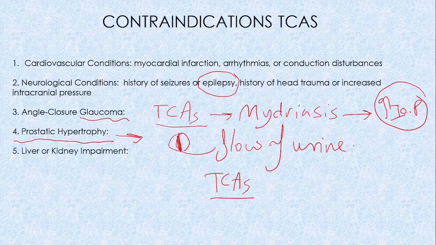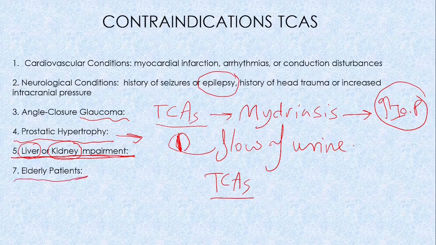Of course, they are contraindicated in liver or kidney diseases. If the patient is suffering from liver or kidney diseases, we have explained why, because they are metabolized in the liver and excreted through the kidney. If we give these drugs, they will accumulate in the body and this will lead to toxicity.